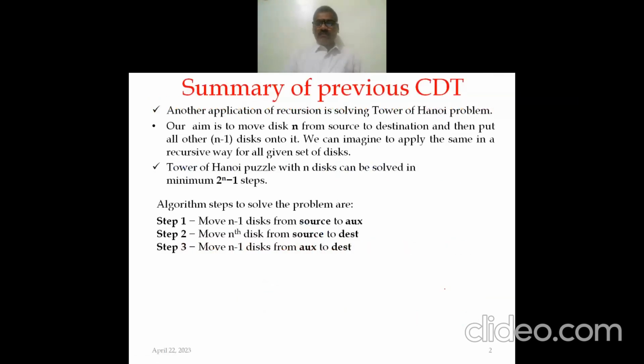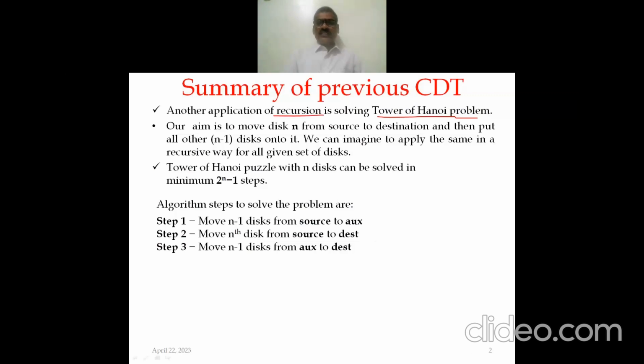So the summary of the previous CDT is that we had seen this Tower of Hanoi problem, which is also another important application of the stack, where we are making use of recursion. Recursion will implicitly use the system stack, that we have seen.